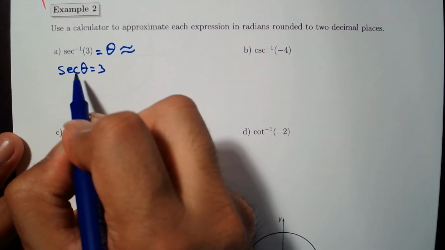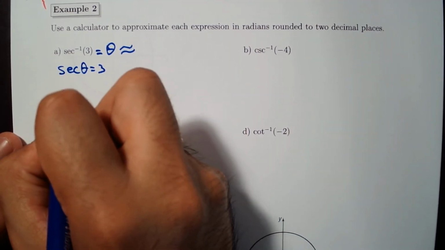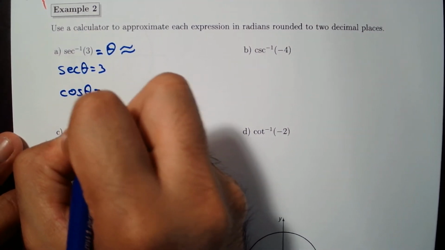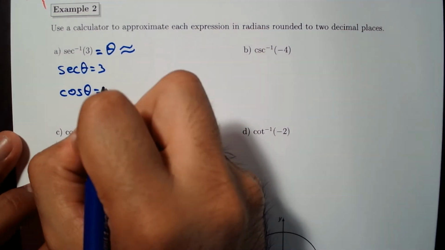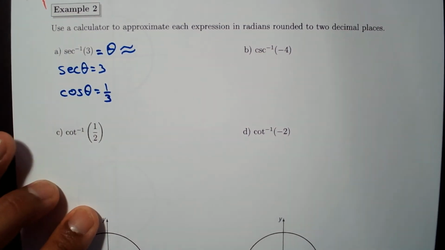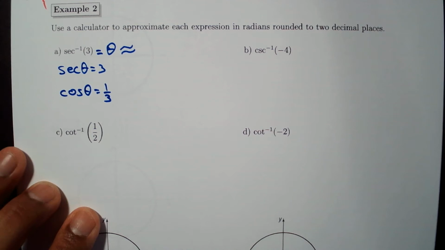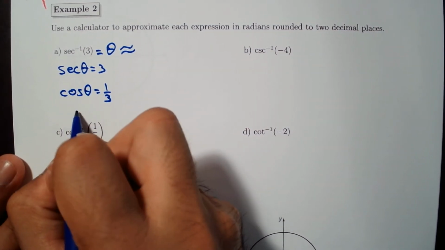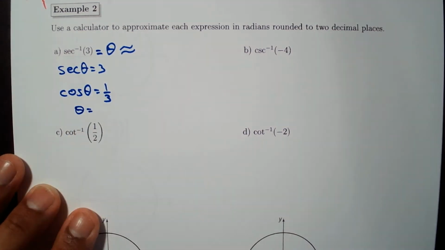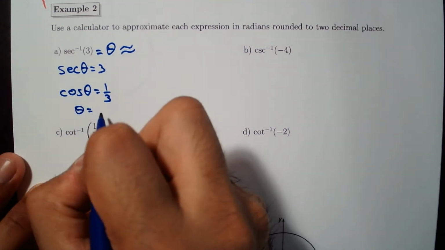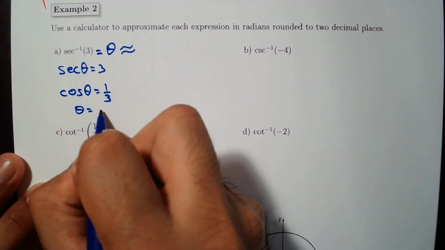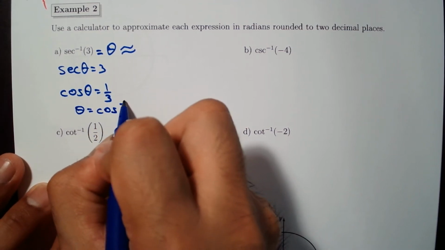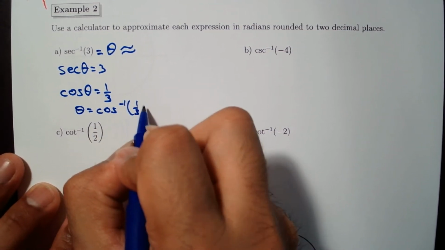I'm going to change this secant to its reciprocal, which is cosine theta, and we need to find the reciprocal of 3, which is 1/3. From here, we solve the baby equation for theta, using the inverse property, that is cosine inverse of 1/3.